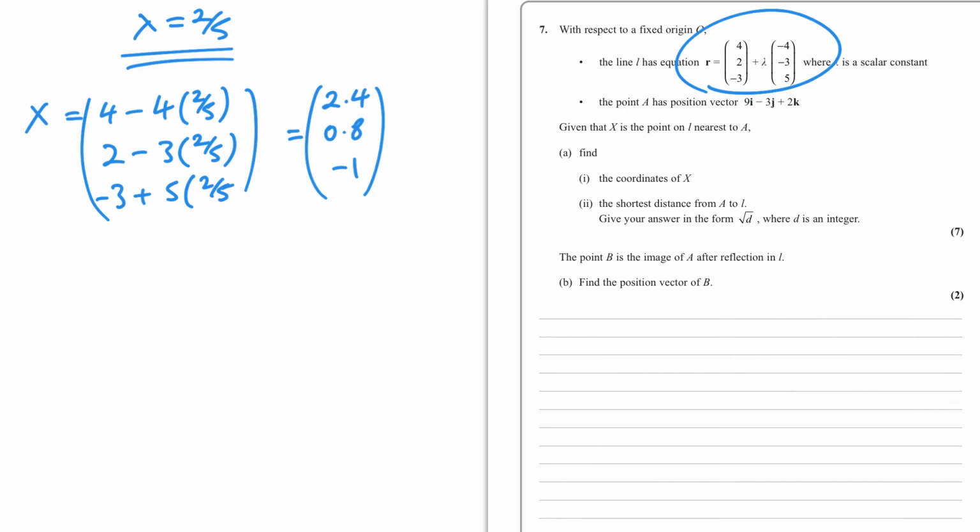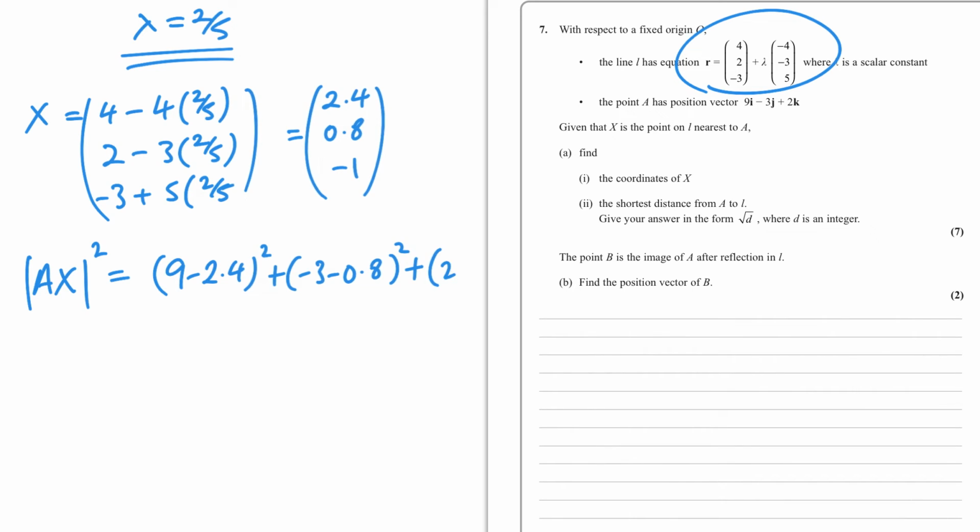I now need to find the shortest distance. So AX is just going to be AX. We know the perpendicular. This would equal the square root. I'm just going to leave it as a square for the second. So we've got 9 minus 2.4 squared. It's just the difference between my coordinates of A and my coordinates of X. Plus minus 3 minus 0.8 squared plus 2 minus minus 1 squared.